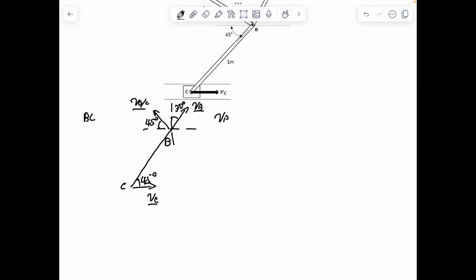Then VB is equal to VC plus VB with respect to C. This is equal to omega BC cross RBC.